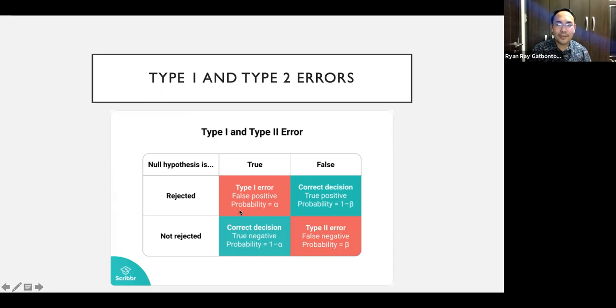Now, we do not commit a type 1 error and arrive at a correct decision if we reject a true null hypothesis. And the same goes for the type 2 error.